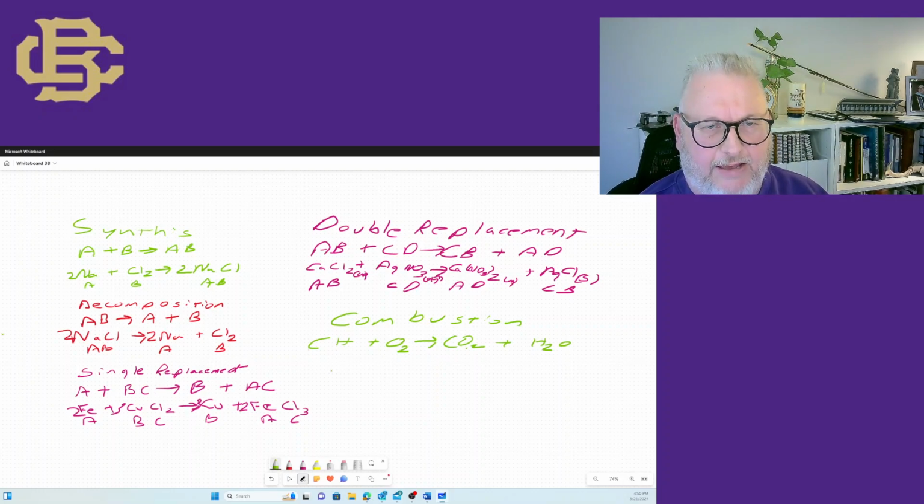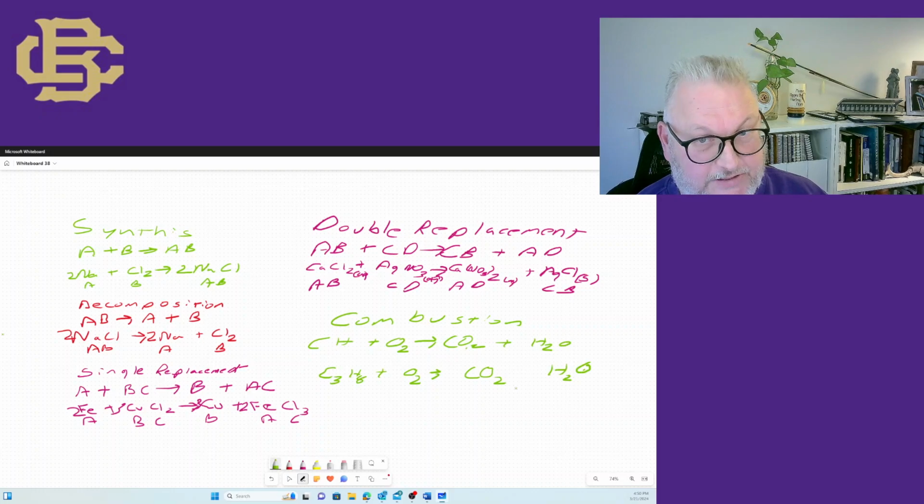Let's say I've got C3H8, and I burn that in air, which means I'm reacting it with oxygen. And I'm going to form, guess what? CO2 and water vapor. I've got a combustion reaction because I have CO2, carbon dioxide, and water.